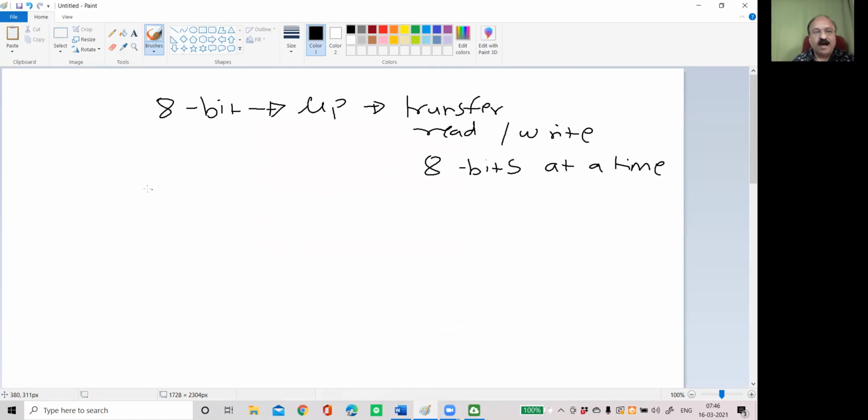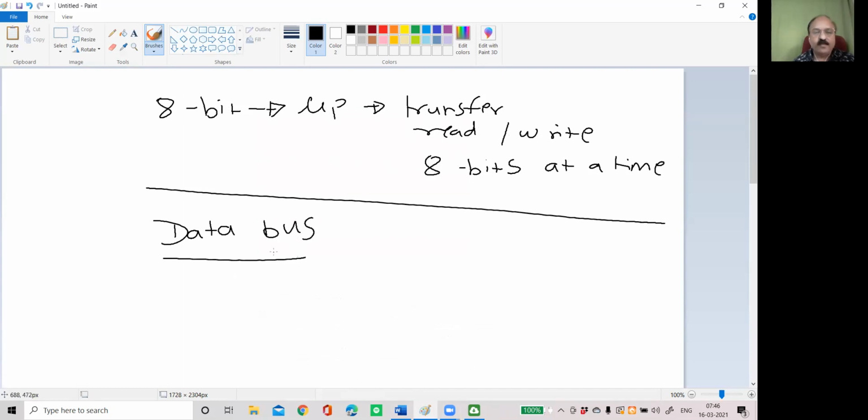How many bits the microprocessor can read at a time depends on the size of the data bus. If the data bus is of 4 bits, then the maximum the microprocessor can carry at a time is 4 bits, so it will be called a 4-bit microprocessor.